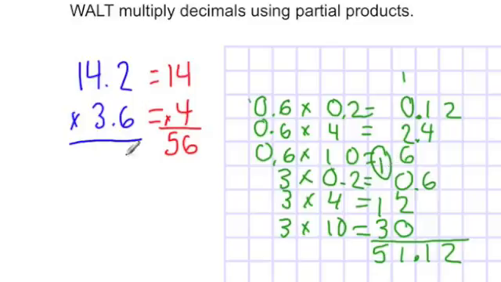So this estimating at first really can help when you're checking over your answers. So my answer for this one, using multiplying decimals, using partial products, would be 51 and 12 hundredths. We can now go on to the independent practice and give this a try.